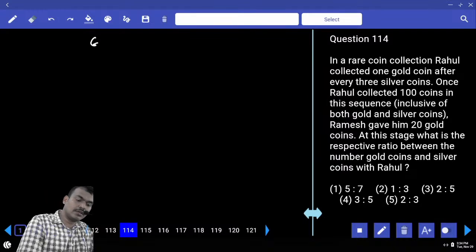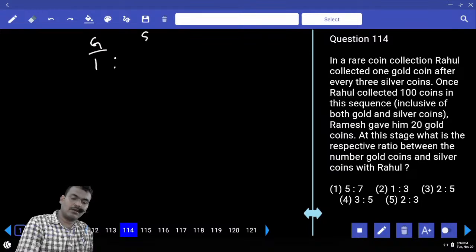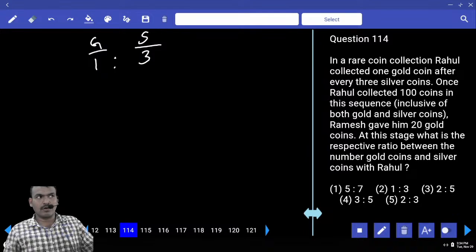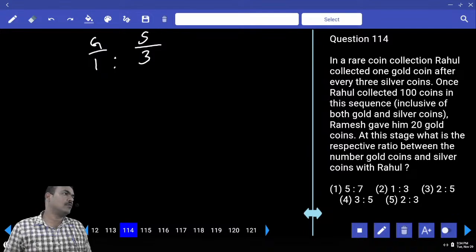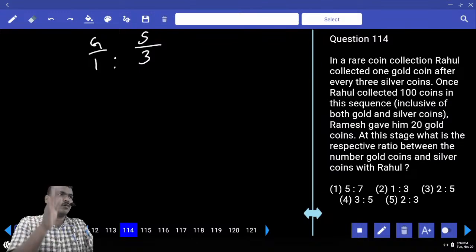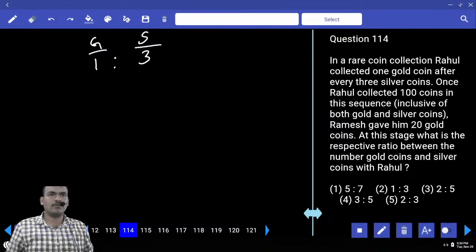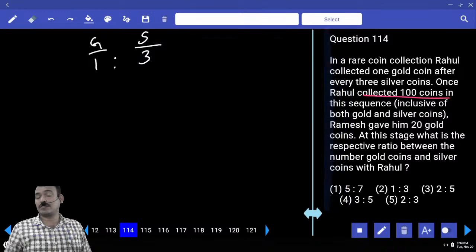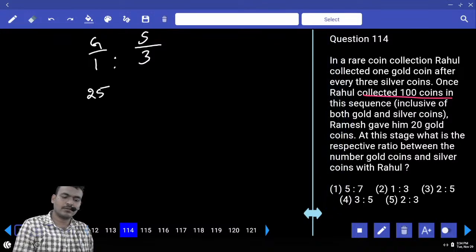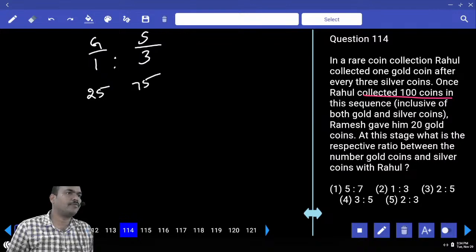If gold coins are 1 part, silver coins are 3 parts or not? Every 3 silver coins, how many gold coins are received? 1 coin or not? What is the ratio? 1:3. Total how many parts? 4 parts. Total how many coins are collected? 100 coins. Means gold coins are 25, silver are 75.